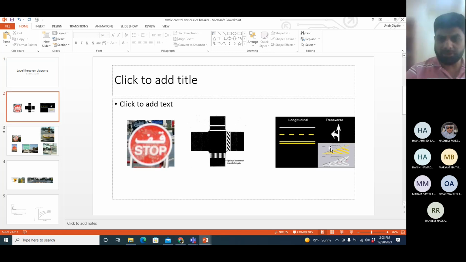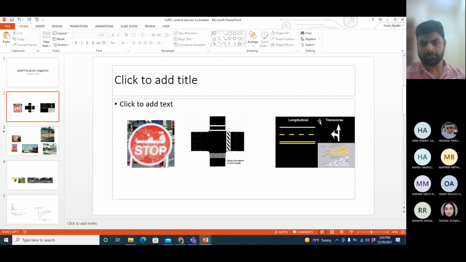So we go from right to left. Okay, so the diagram on the right hand side, what does it show? What does this diagram show?